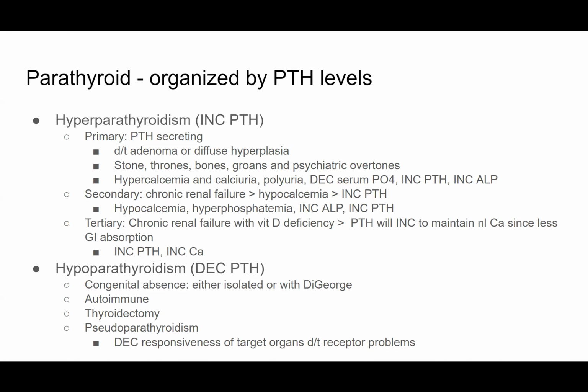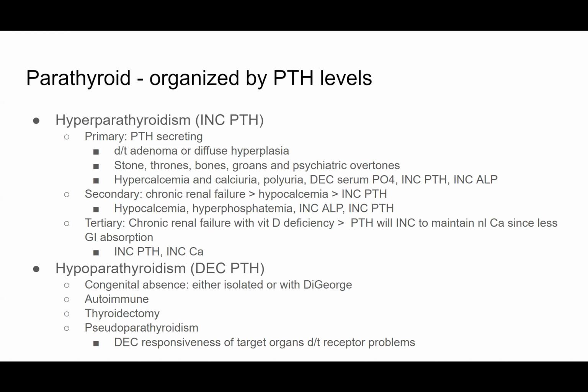You have increased parathyroid hormone, but when you think of the calcium and phosphate, they're going to be flipped. And then another lab that you need to be aware of is increased ALP. That's also seen in hyperparathyroidism.